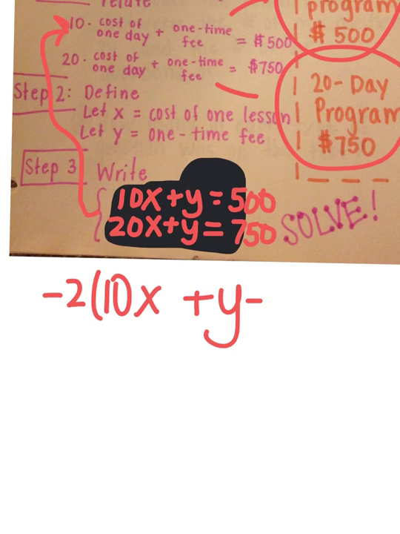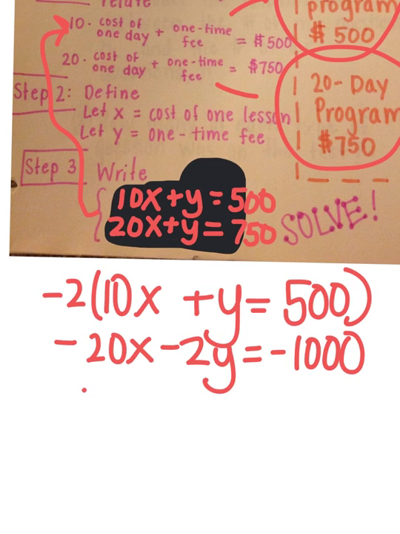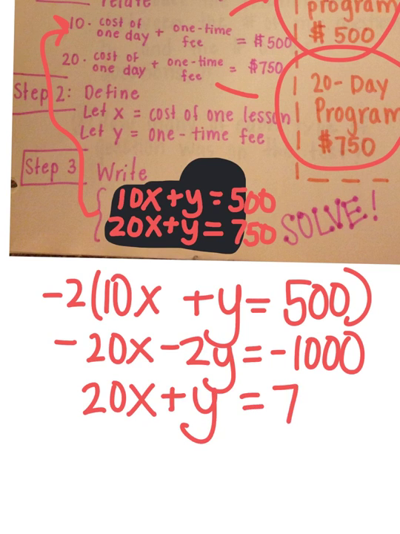So I'm going to rewrite this. If I multiply by -2, I'm going to get -20x minus 2y equals -1000. Okay? And I'm going to rewrite my second equation below it so I can add them together.